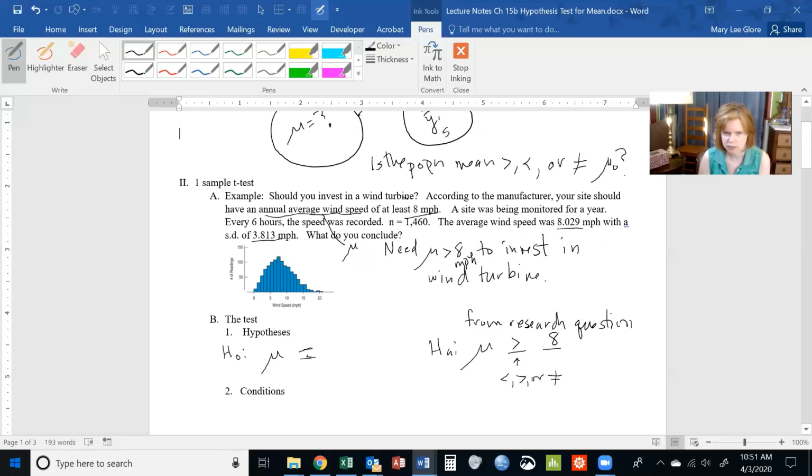That came right from our research question, which is, does this data prove that we have at least 8 miles per hour wind speed on average? Okay, so this is mu equals 8, my null hypothesis, and this is my alternate hypothesis.